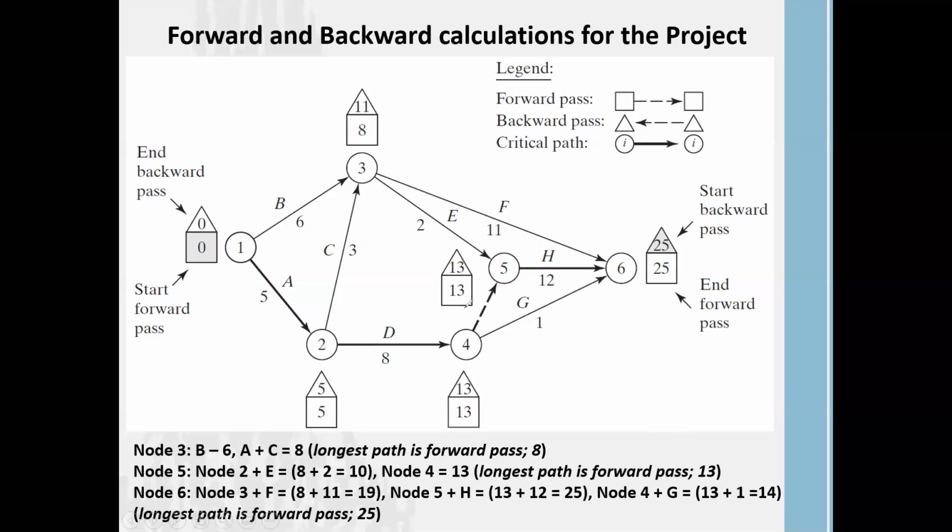Here you can see a dashed line, but you couldn't see any time duration for this activity. This is what we call a dummy path. Why is it a dummy path? Remember when we discussed the transportation and assignment problem, when the situation is not balanced, that means demand and supply are not balanced, we included a dummy row or dummy column.